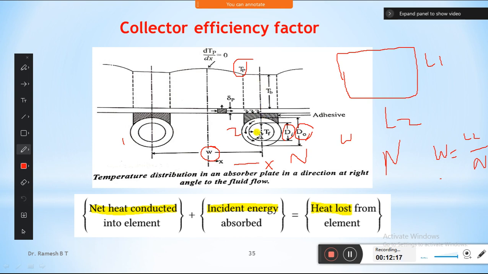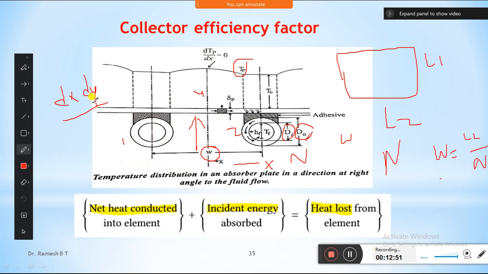Above the fluid tube, the temperature will be constant, while between the tubes the temperature passes through a maximum. And taking a slice dy in the y direction, along the flow direction, and neglecting heat conduction in the plate in that direction, we can write the energy balance for this element dx and dy, means we are going to consider only a smaller element of the plate.